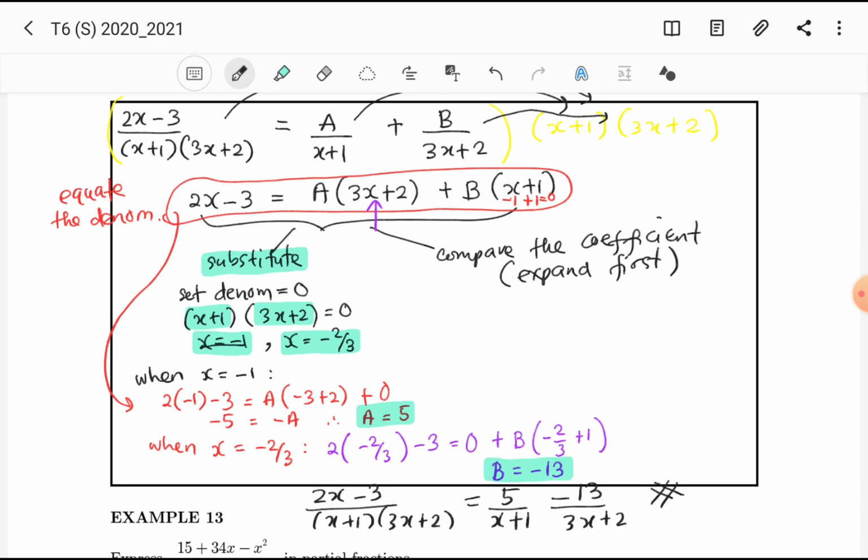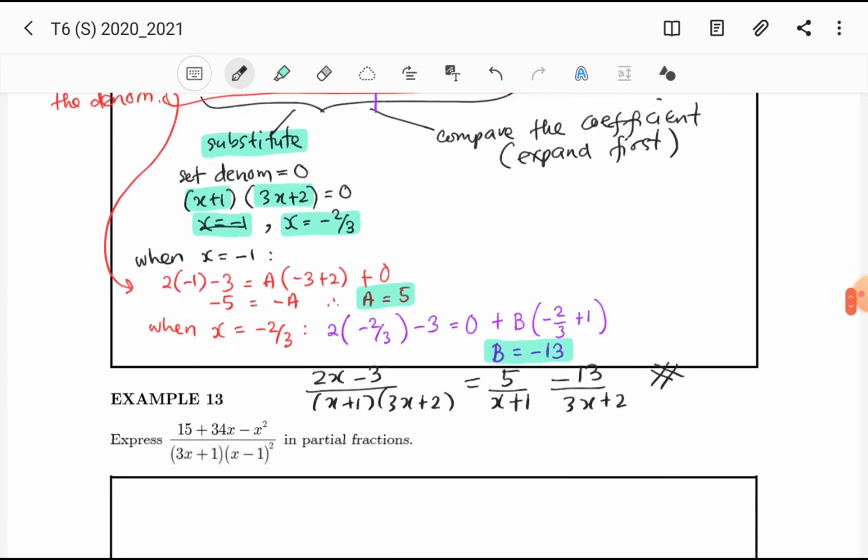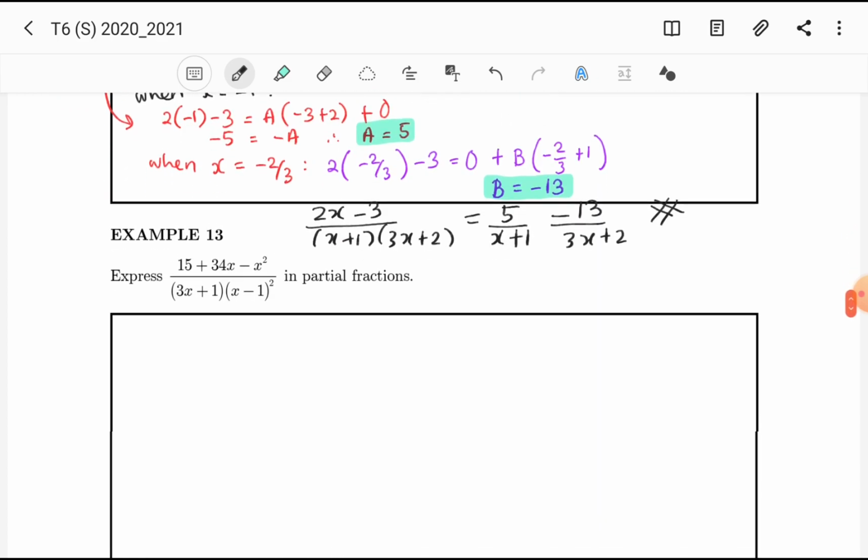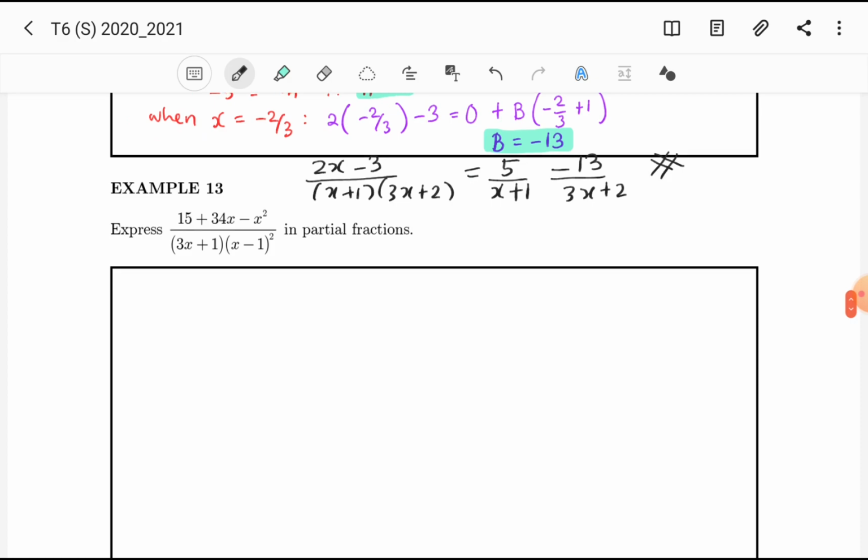From a big fraction, we decompose, we write in a few small fractions. Okay, itulah partial fraction. Okay, example number 13, express in partial fraction. So, kita check dulu. For numerator, power of 2.